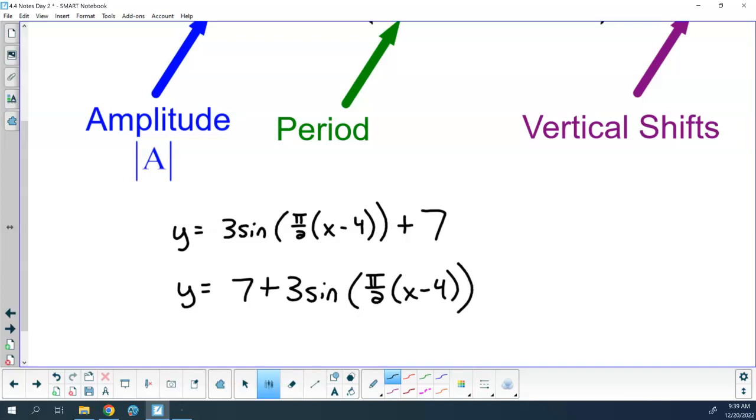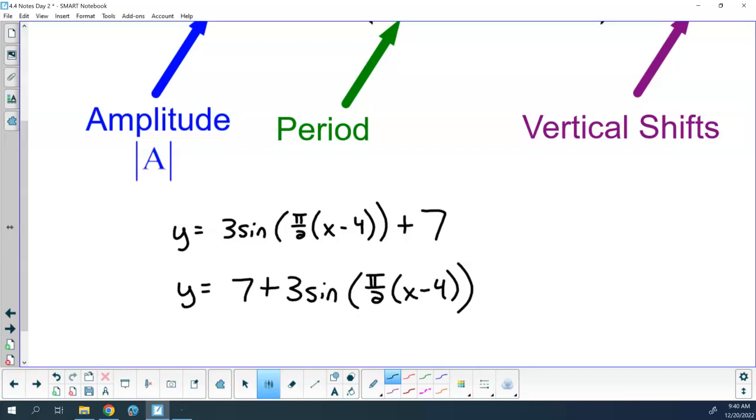Those two are exactly the same thing. So you have to be wary, and that's why I don't always say it's always the last number, because it might be the term that comes first, before the trig function. So just so you know, it would be in either one.